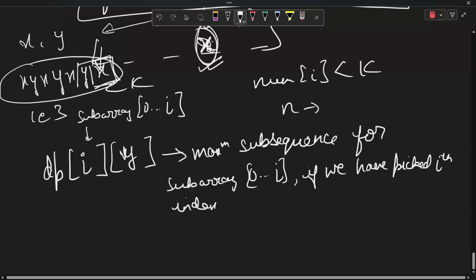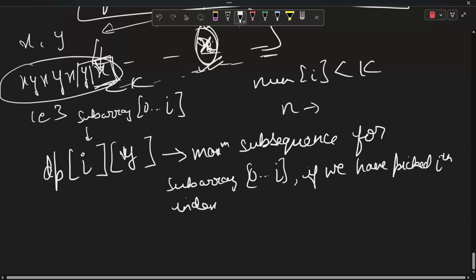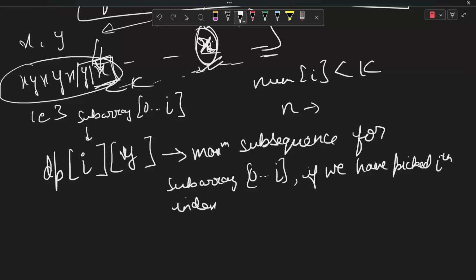So for the final answer, we can just iterate through all the I. There would be some index which would be picked, and the answer for that index being picked would be one of our possible answers. So for the final answer, we'll iterate through all the I's and then take the max of them. So this I is basically the last index that is picked for our answer.